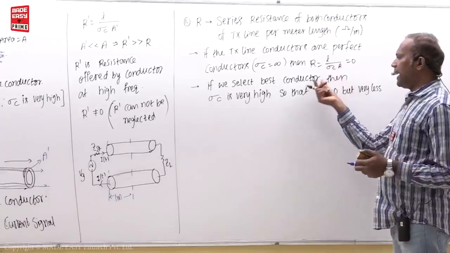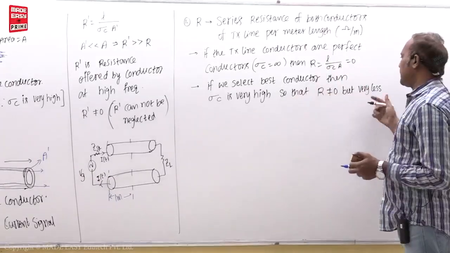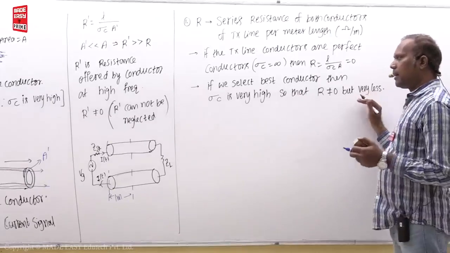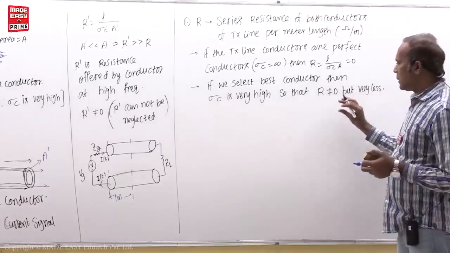Because the denominator is very high, the numerator value will be very less. It is not 0, it is present, but a less value is there. That is the statement.